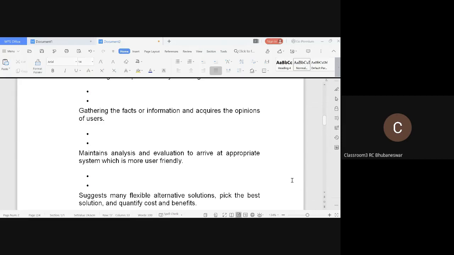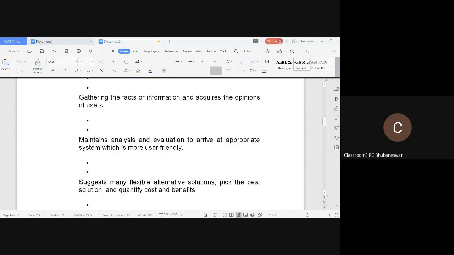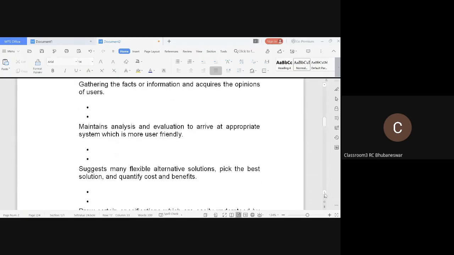So you have to convince your seniors. At the time of the meeting, you should also provide some alternative solutions that are also flexible, isn't it? So that they will pick the best solution, and then they will judge other parameters like cost and benefits. That should also be considered.